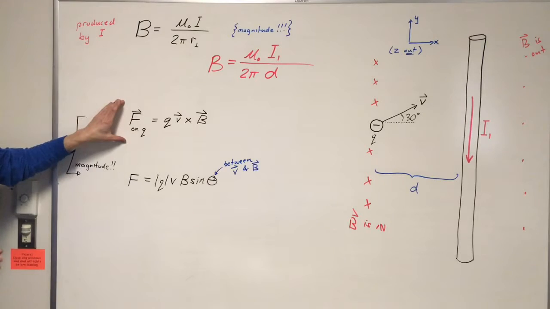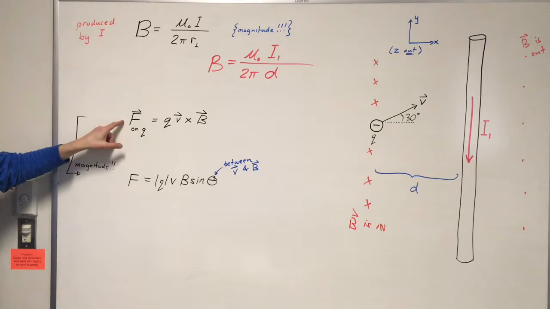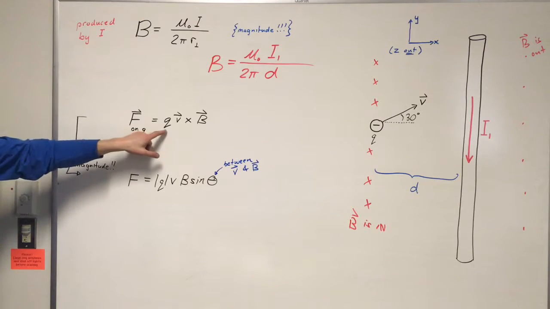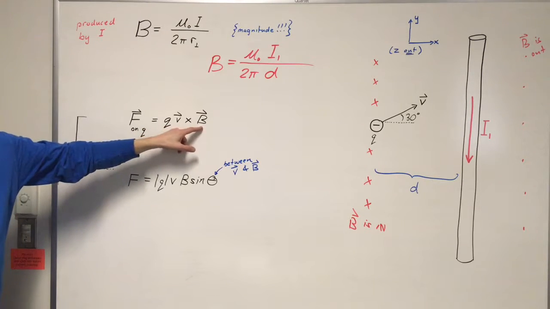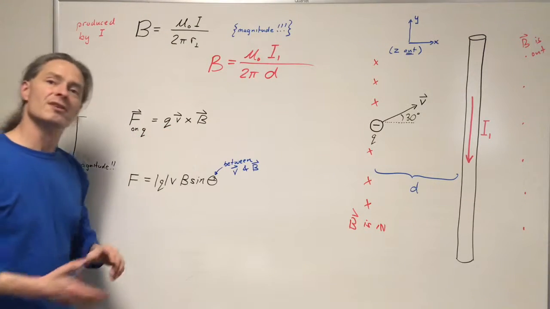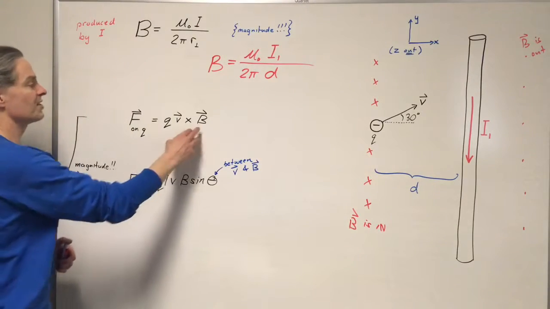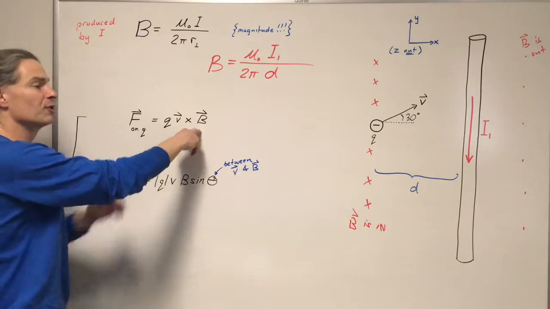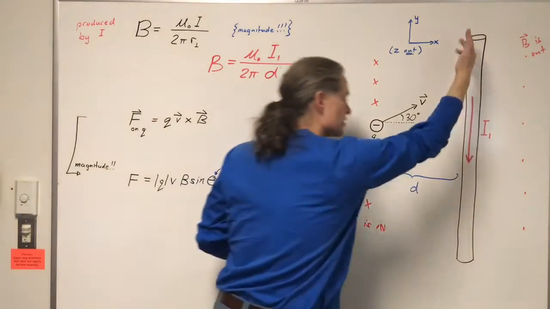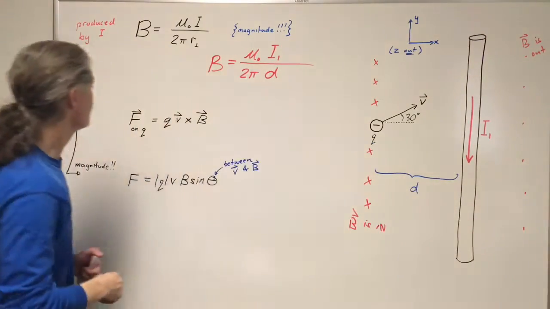So we move over to this expression. This is the magnetic force on some charge q moving with velocity v due to some magnetic field produced by something else. Let me emphasize this: this is not the magnetic field produced by this charge. This is a magnetic field produced by something else, in this case produced by the long current.